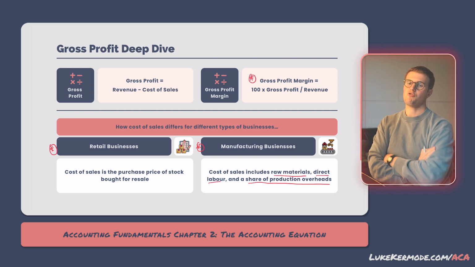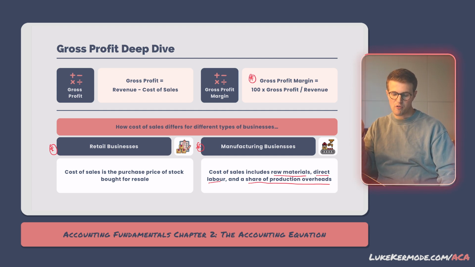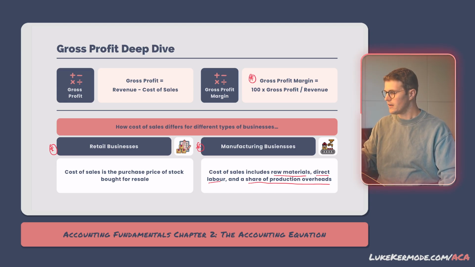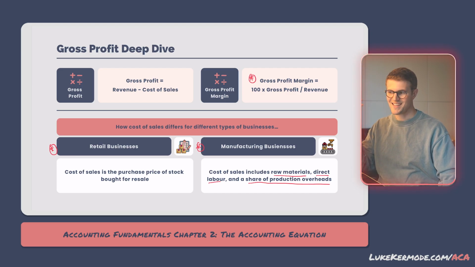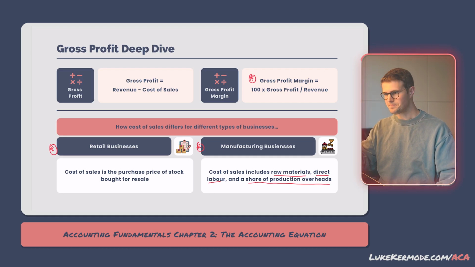This expresses gross profit as a percentage of revenue using the formula gross profit margin equals gross profit divided by revenue multiplied by 100. A higher gross profit margin means the business is keeping more money from each sale, which can then be used to cover the other costs of the business, the operating costs, or to boost its profits.